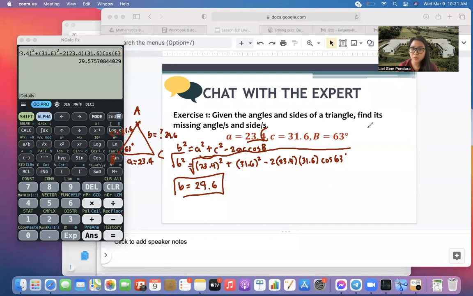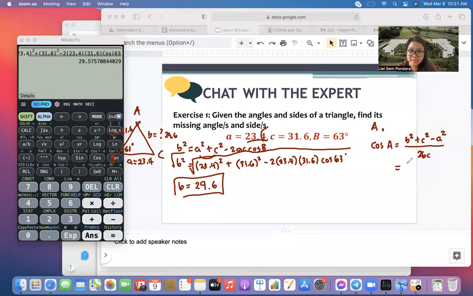Example, let's solve for angle A. Let's have the formula again for angle A. That's cosine A equals B squared plus C squared minus A squared, all over 2BC.